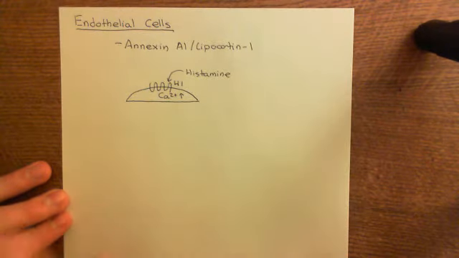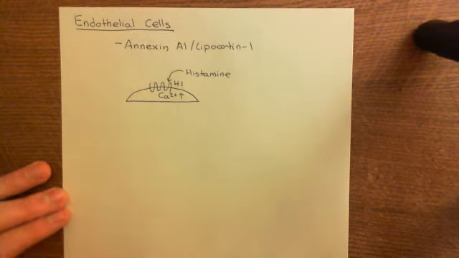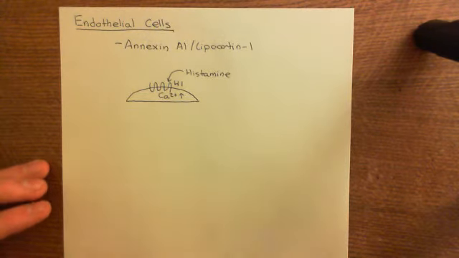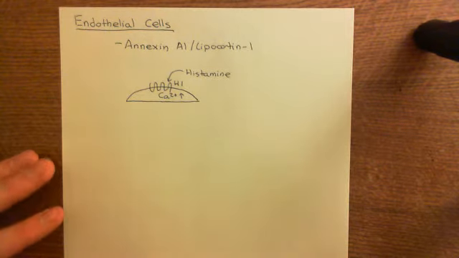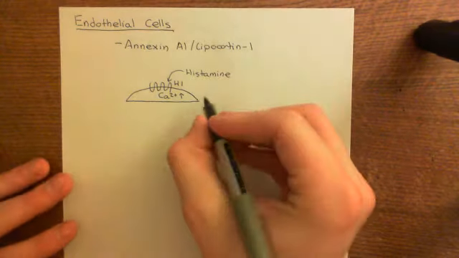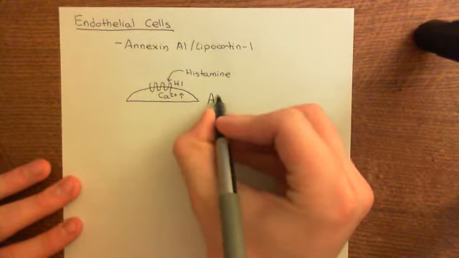Not 5-LOX this time. Instead, it's going to go down the cyclooxygenase route. It's going to be acted on by cyclooxygenase enzymes, and those will convert it into prostaglandin H2, and then prostaglandin H2 can be converted into prostaglandin I2.